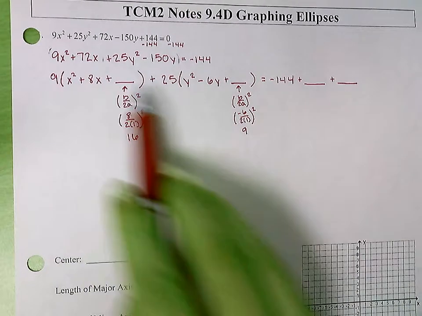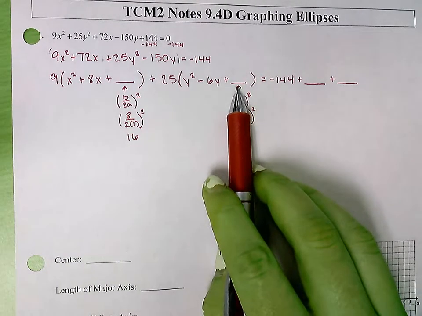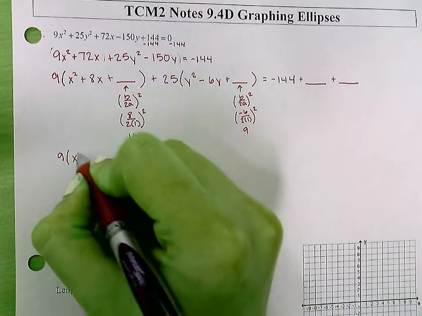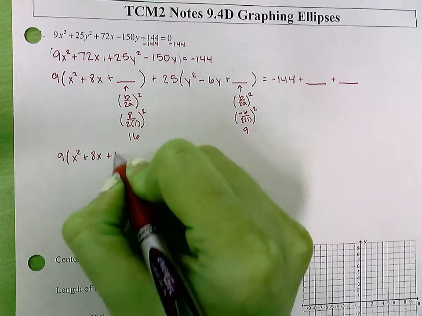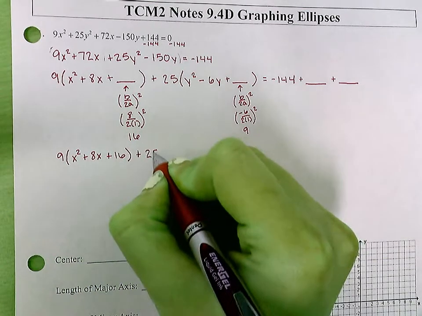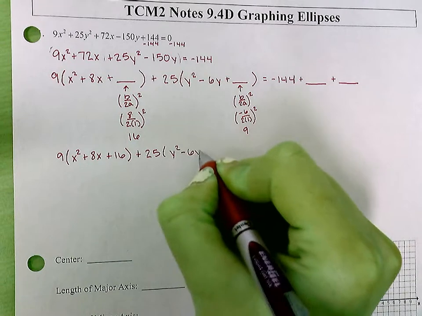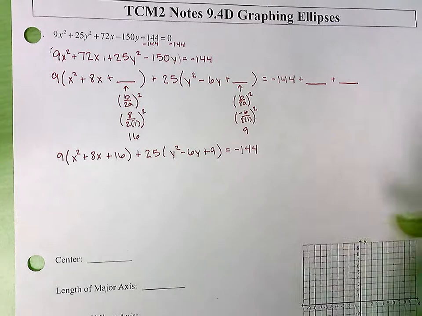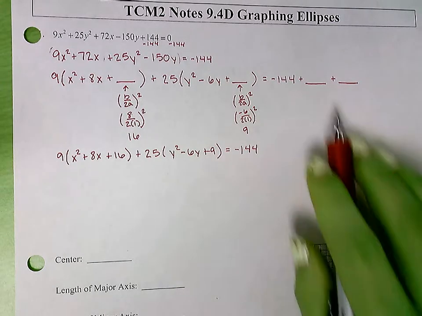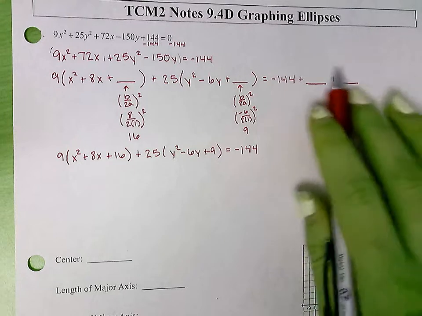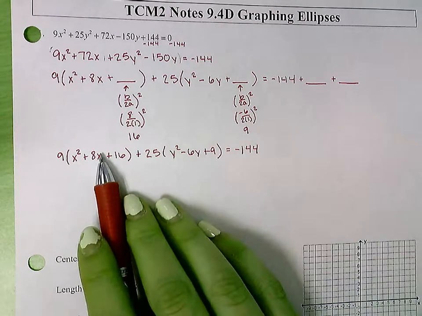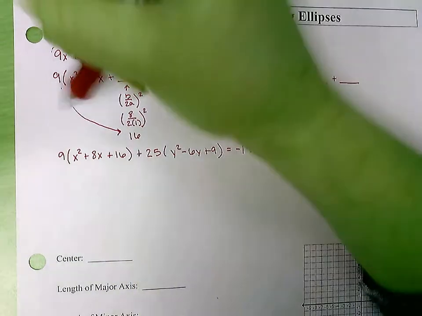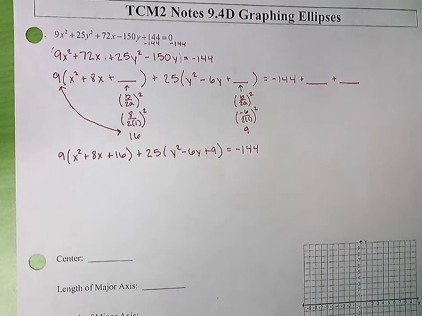So now I need to replace my blanks with what I'm adding in there. Now to get these two blanks that I was missing here, I need to multiply what I got as my answer and the number out front.